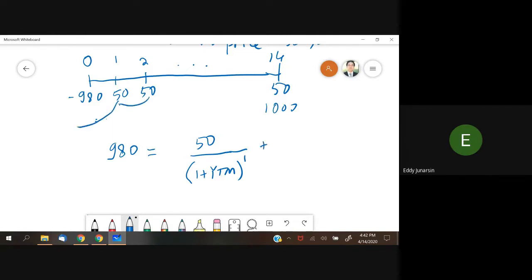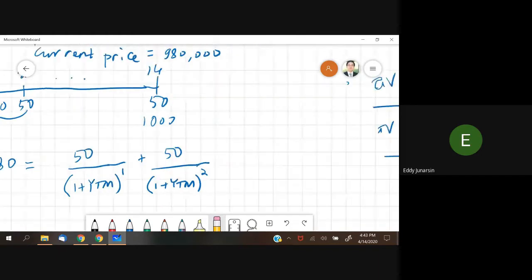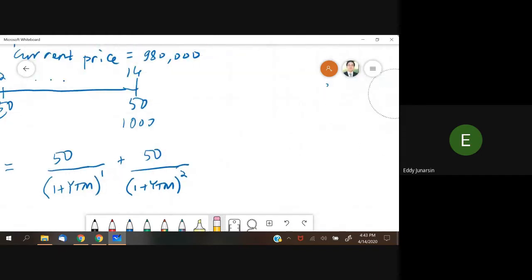Then the second period, 50 divided by 1 plus yield to maturity to the power of 2, and so forth, the third period, the fourth, and the last one, 1,050,000, divided by 1 plus yield to maturity to the power of 14, period 14.